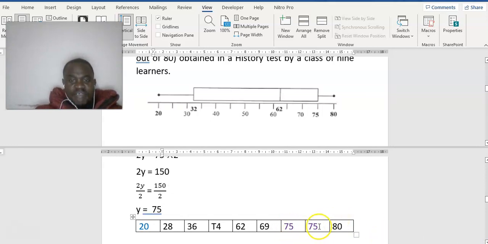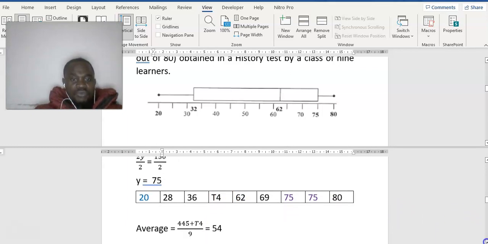This side is 75. This side is also 75. It's left with term 4, which we need to find, because the question says fill in the remaining space. How are you going to find that one?